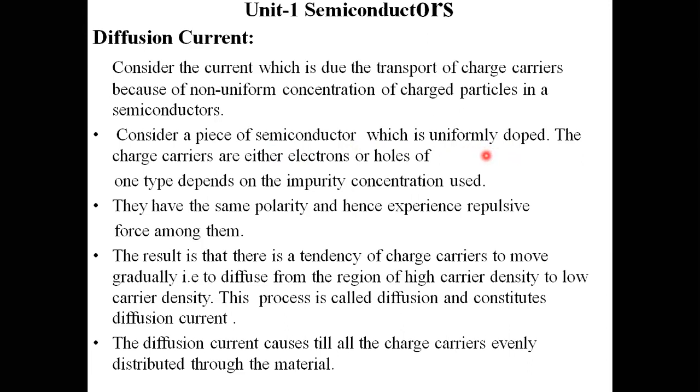In non-uniformly doped, the concentration may increase at one point and decrease at another point. The charge carriers are either electrons or holes of one type, depending upon the impurity concentrations we are using here.